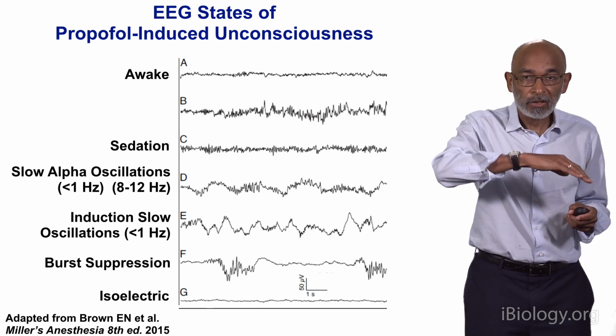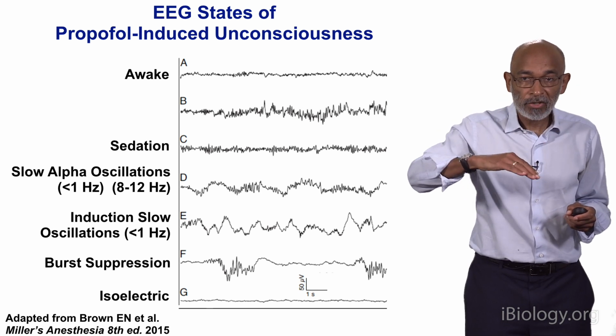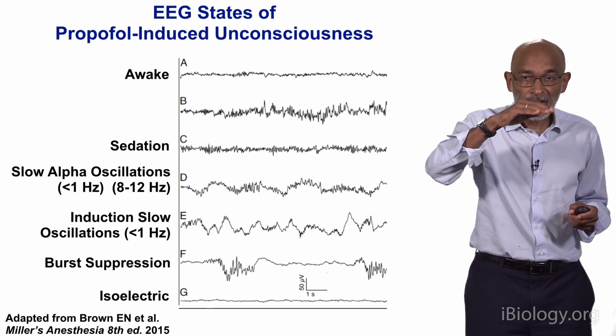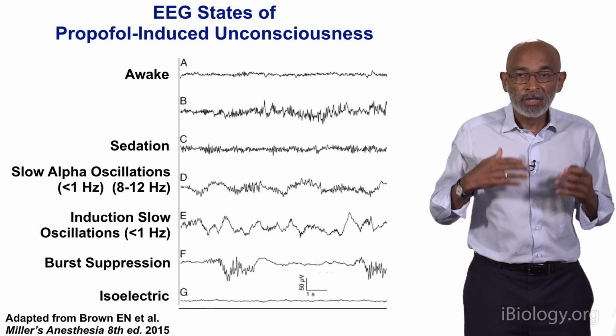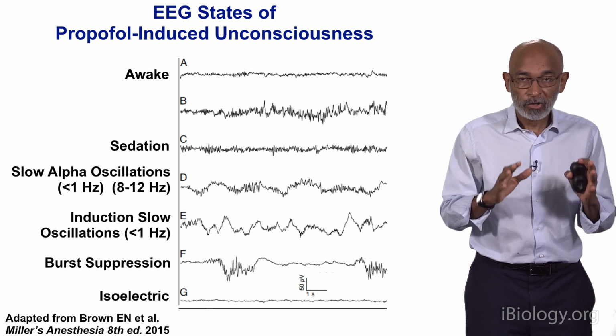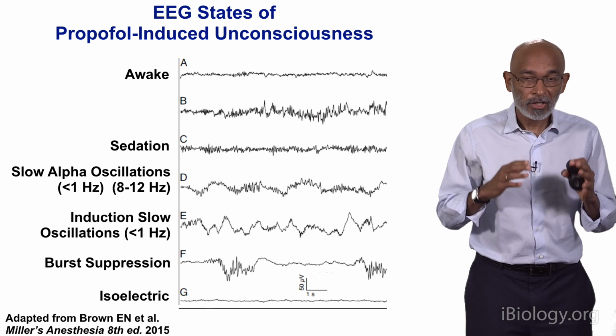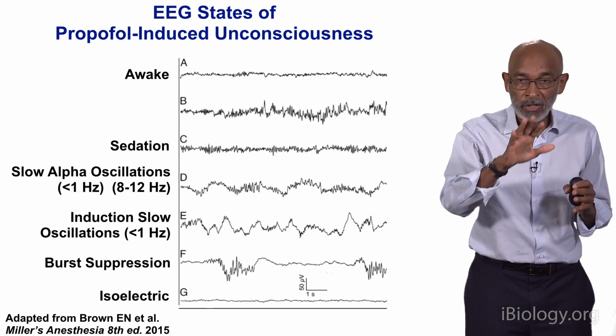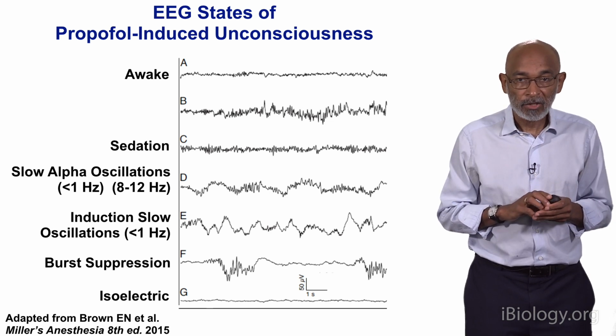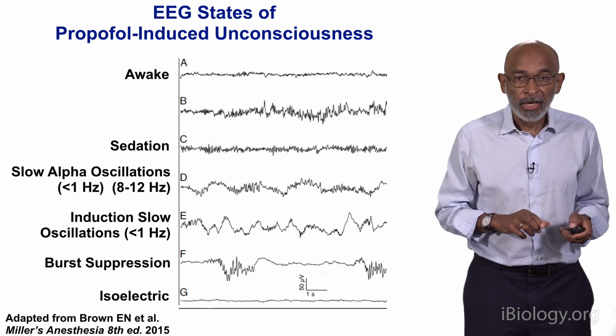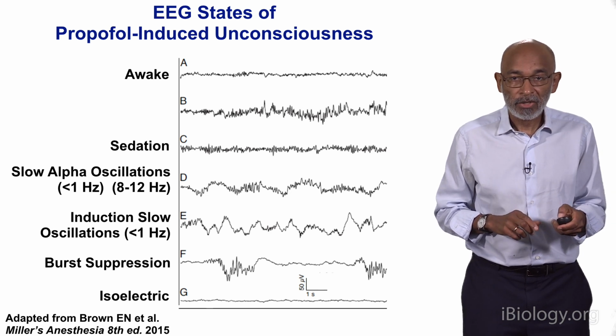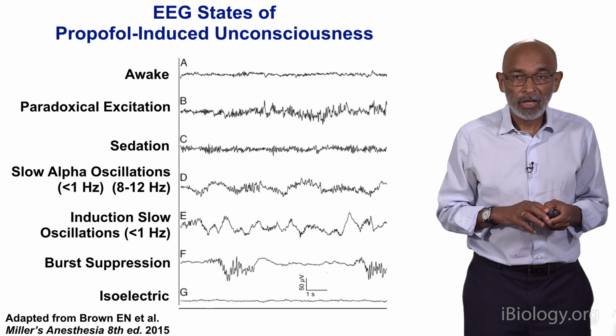You see you have the very low frequency oscillations like this, and riding on top you have these higher frequency oscillations. That's a typical pattern for propofol. If you give a young person, someone 18 to 35, propofol, that's the brain dynamic you would see. And the one state that I didn't talk about is this additional one here, paradoxical excitation.